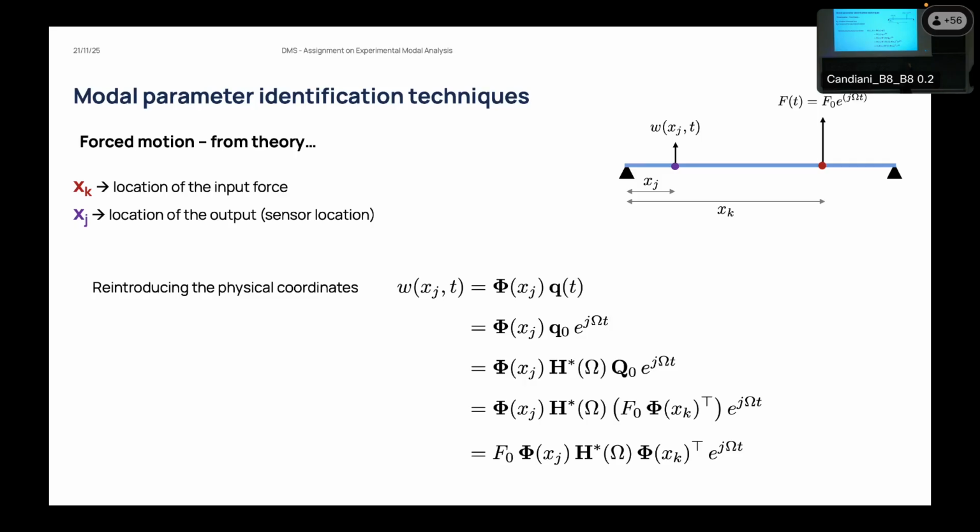So w(x,t) can be written as the combination between phi of x, the vector of the mode shapes, times q of t.